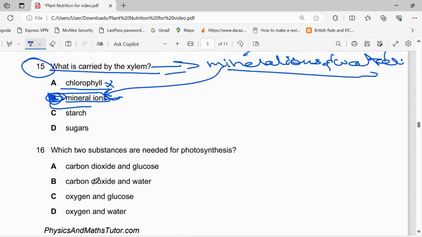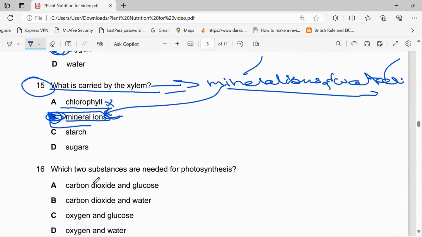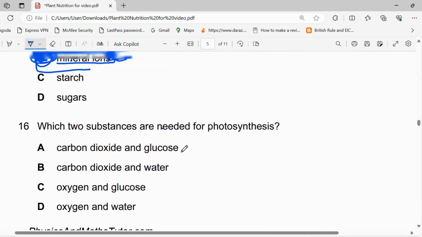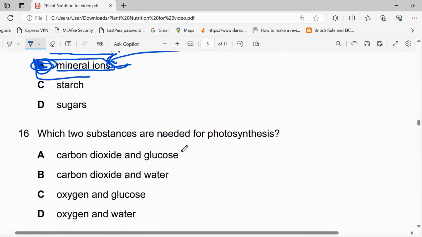Now let's go to question number 16. The question is which two substances are needed for photosynthesis? As we can see in the equation of photosynthesis, the reactants are CO2 and H2O. CO2 means carbon dioxide, H2O means water.